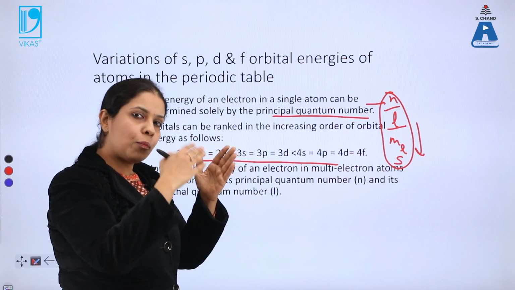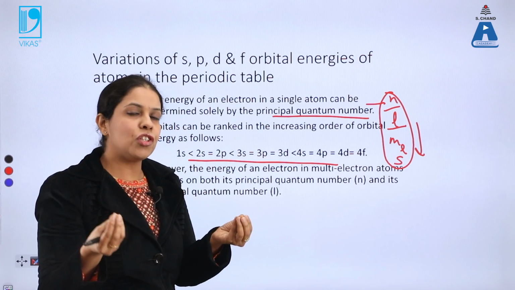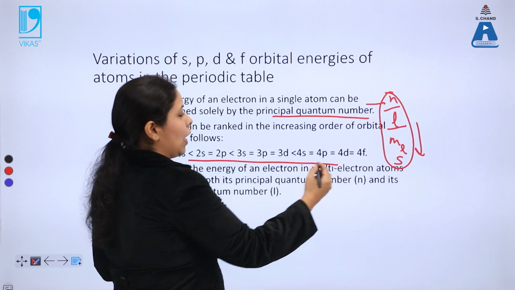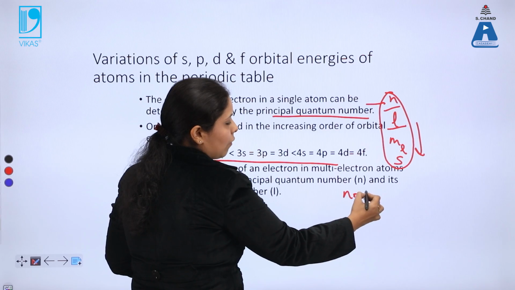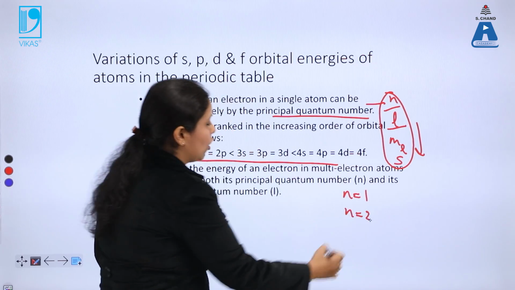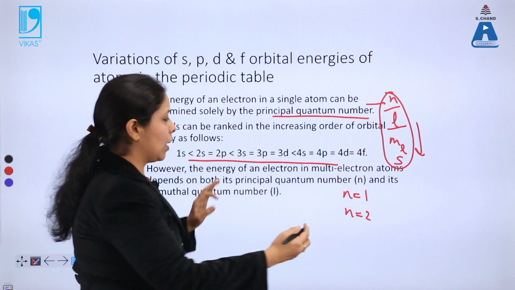As and when the value of the principal quantum number increases, the value of energy increases. Whatever electron goes in these orbitals, when n is equal to 1, it has minimum energy. When n is equal to 2, this is the 2s and 2p orbital, it has energy higher than the 1s orbital.